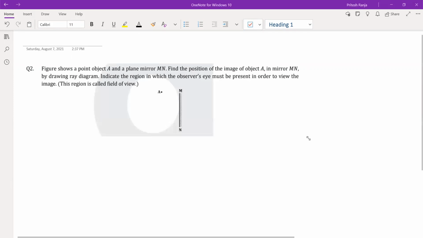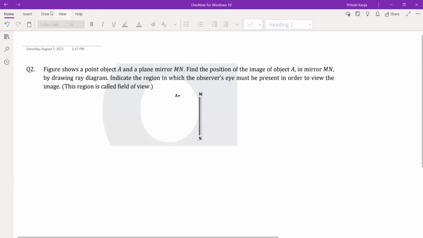Okay, so before everyone joins, all will do this one. First we will complete the questions from reflection before going to refraction.